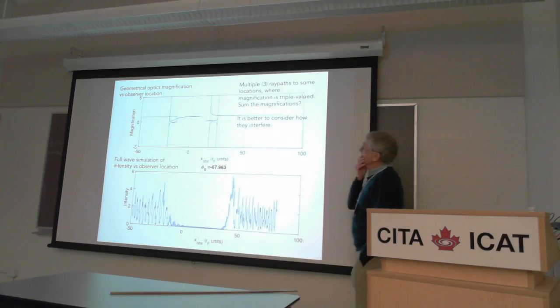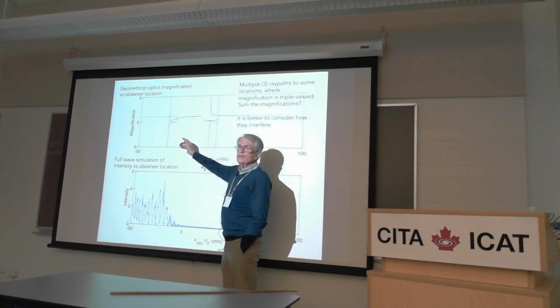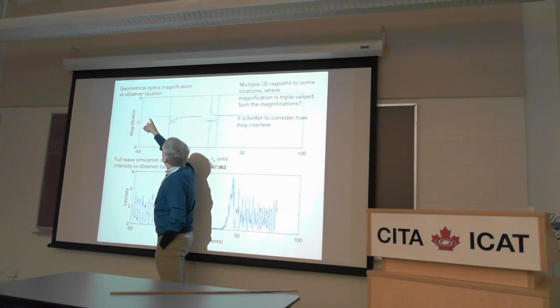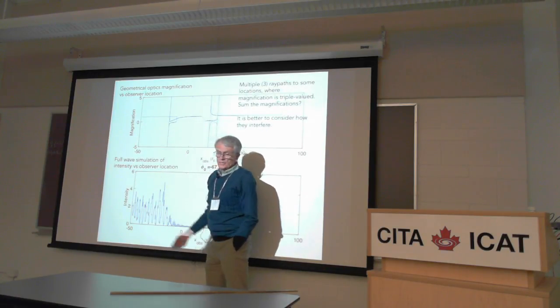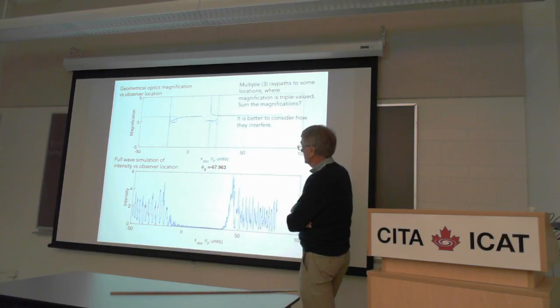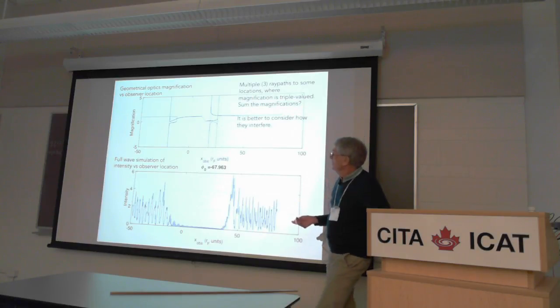Then I computed the magnification using geometrical optics. There's one here, and one here, and these are the regions where there's multiple ray paths and even caustics. And I put the same phase into the diffractive simulation, and this is what I got for the intensity.